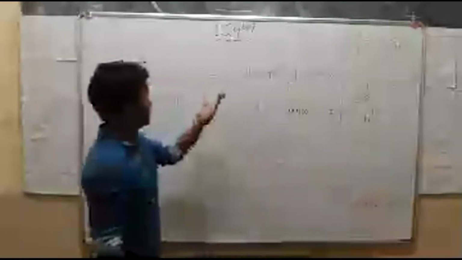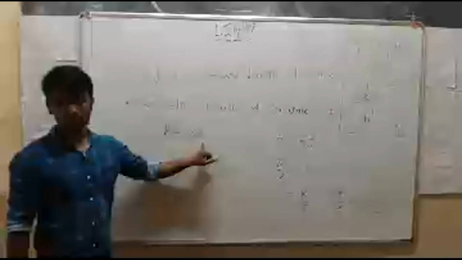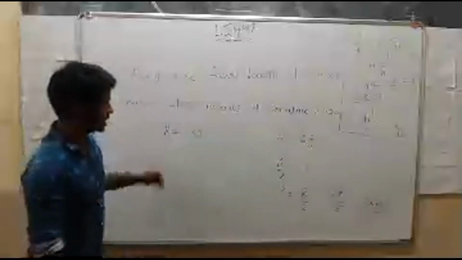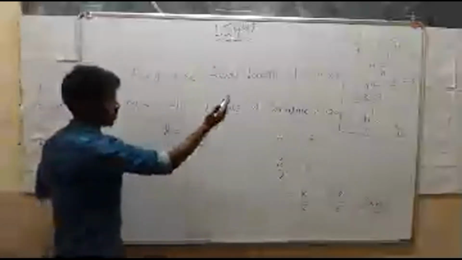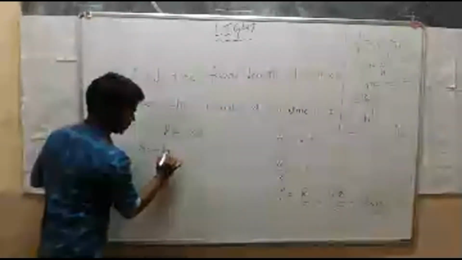If it is concave mirror, then we should write radius of curvature minus 32, because the focal length of the concave mirror is always negative, right? So that's why while writing radius of curvature for concave mirror, we should write R equal to minus 32 centimeter.